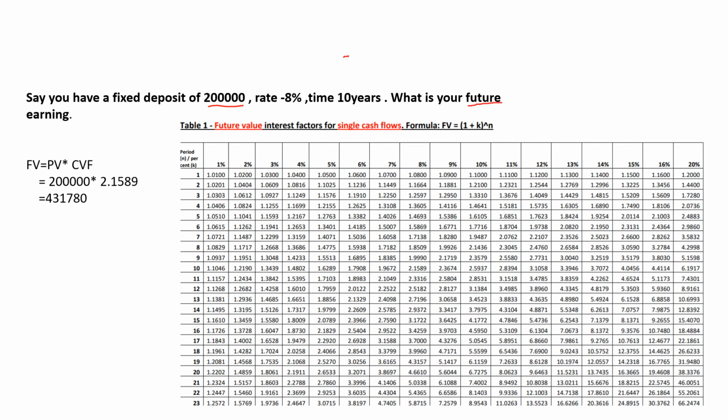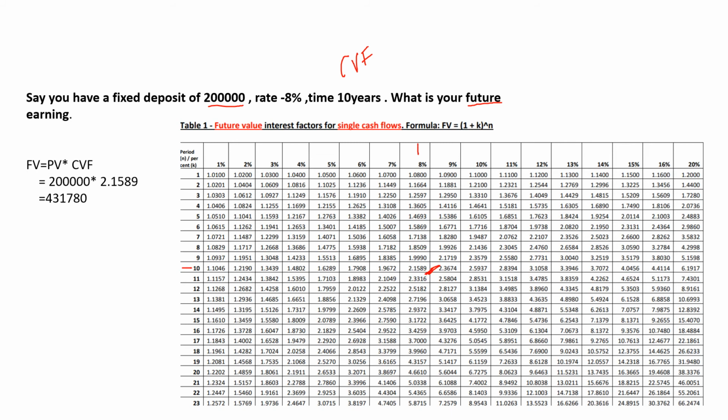So we will be using the CVF table, this compound value factor table, to find the future value. Here, see, 8% is here and time is 10 years. So what is the amount? 2.1589.